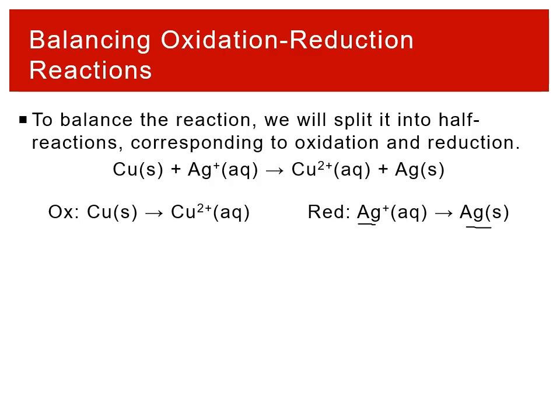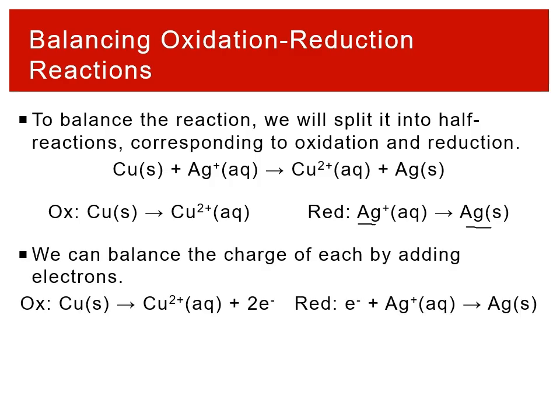All that's changing is the electrons around it. And so we keep those the same, and then we balance each of those based on the number of electrons to balance the charge. We know that electrons are just being transferred in the reaction. We're not losing or gaining electrons. But by breaking it into an oxidation, we can see the loss of electrons, where the electron is on the product side.